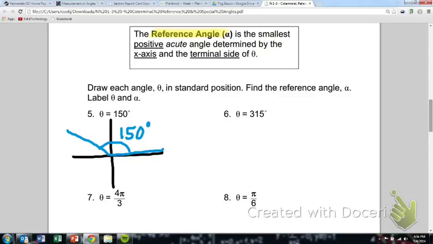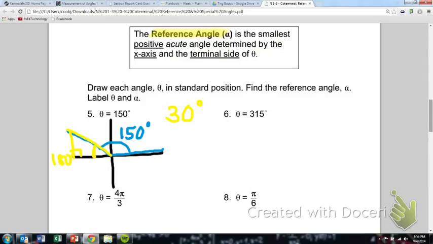The reference angle refers to the angle here. If you were to go straight down from your terminal side, remember this is the terminal side, to the x-axis, the closest path you could take, what angle would this be? So hopefully you can see that you're 30 degrees away from 180. So the reference angle for 150 is 30.